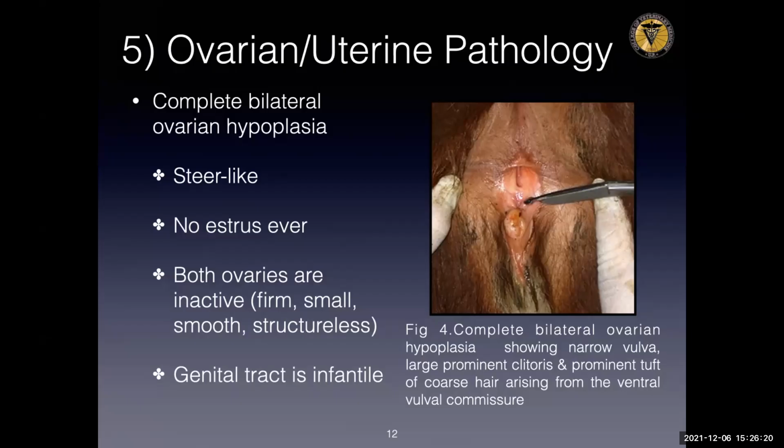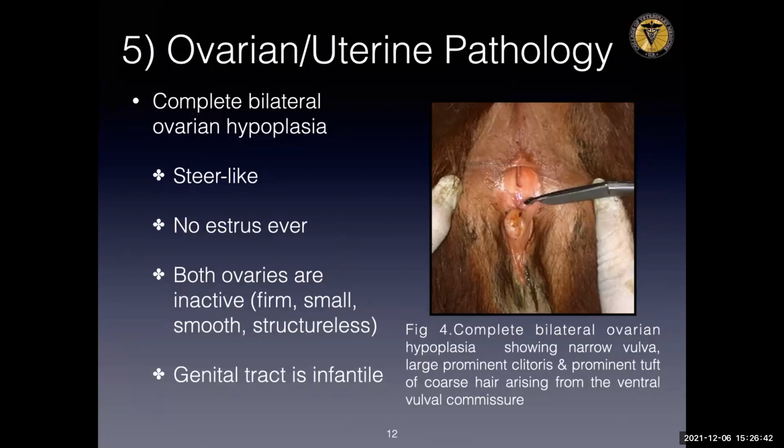And if you do rectal palpation and ultrasonography, you will observe that the ovaries are always inactive. On a monthly basis or every 21 days, you would go in, do the palpation and ultrasonography, and there are no changes month on month in this animal.